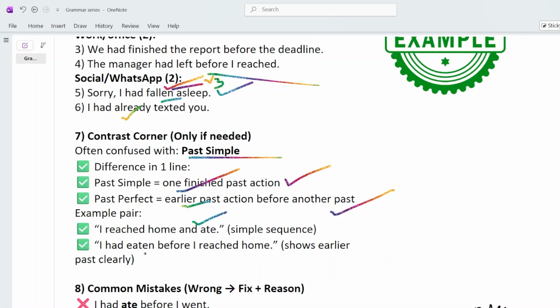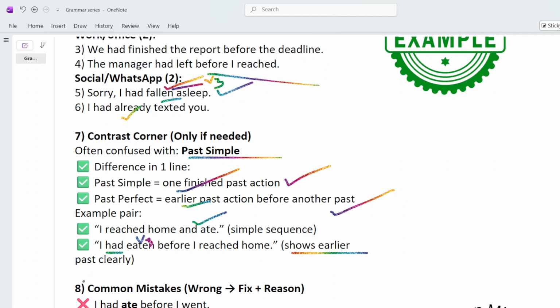Now, I had eaten before I reached home. Had. See, the whole game changes with the use of had. When had comes in before the verb 3 form, before the past participle, you need to understand that this is the past perfect tense. Okay? What does it do?